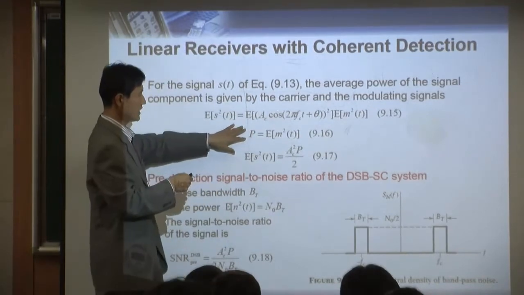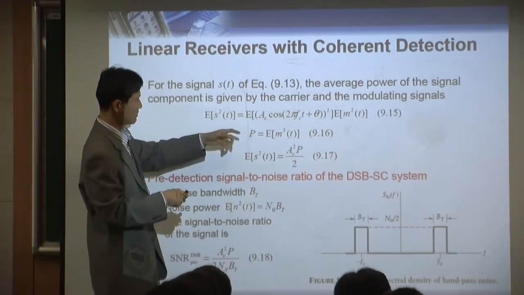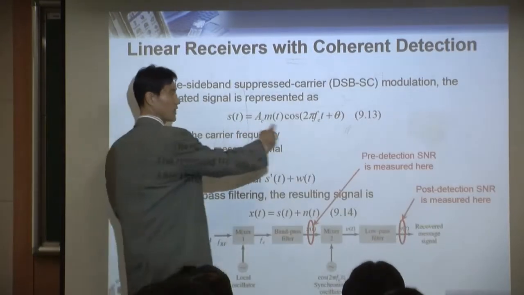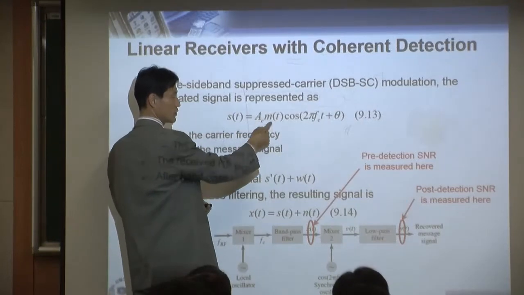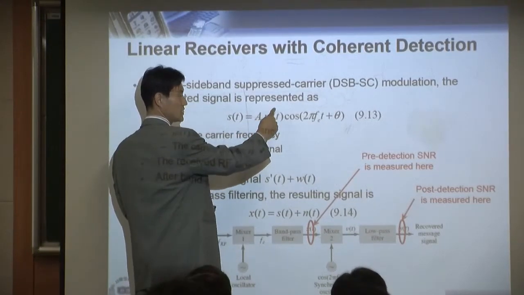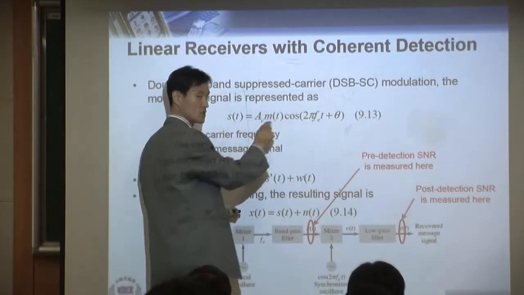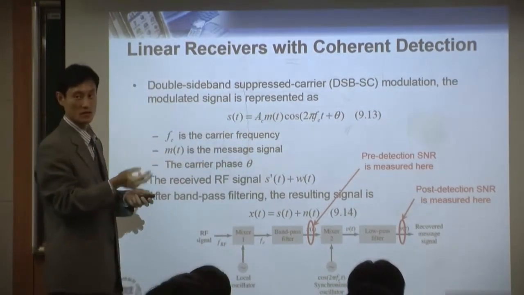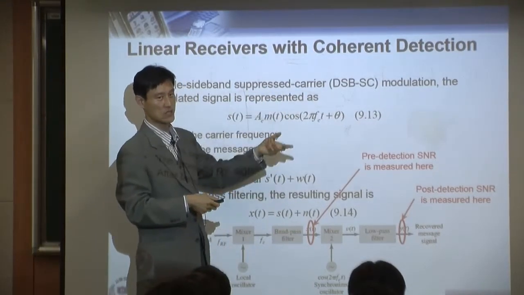Once you do that, you're going to get this. Simply, if you square this and take the expectation, you get Ac squared, m(t) squared, and the expectation of cosine squared, which becomes 1 over 2. Remember that? The cosine term will be gone and that will change to 1 over 2.